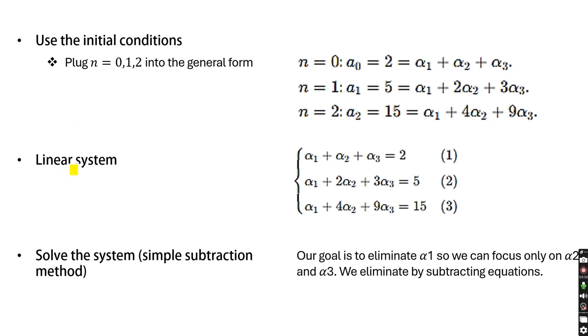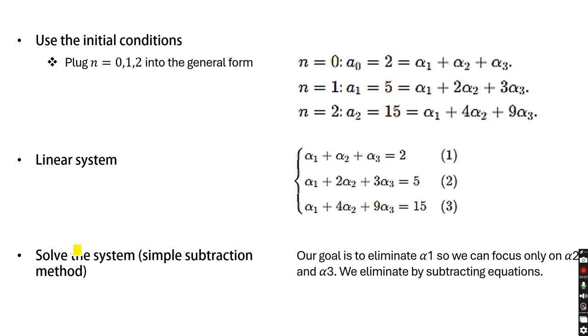So by using the linear na systems, ang mga equations, we have a1 plus a2 plus a3 is equals to 2, and then a1 plus 2a2 plus 3a3 is equals to 5, and then a1 plus 4a2 plus 9a3 is equals to 15. So we have 3 equations.